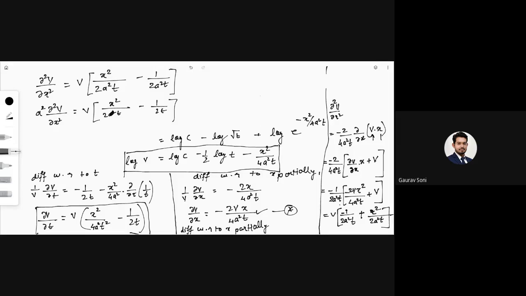upon 2a square t in bracket v minus vx square upon 2a square t. This is 4.